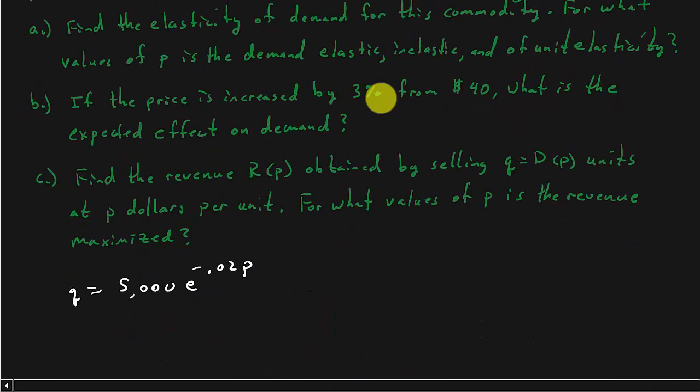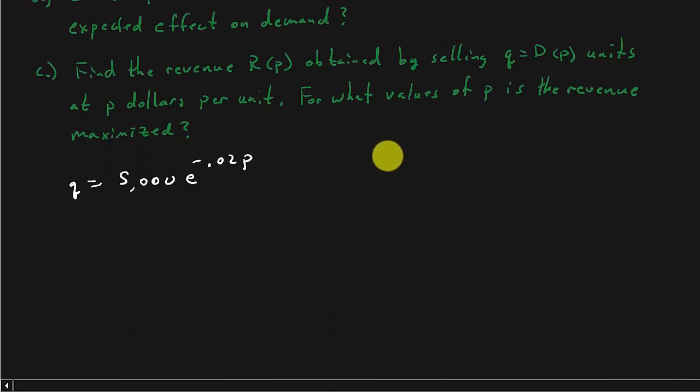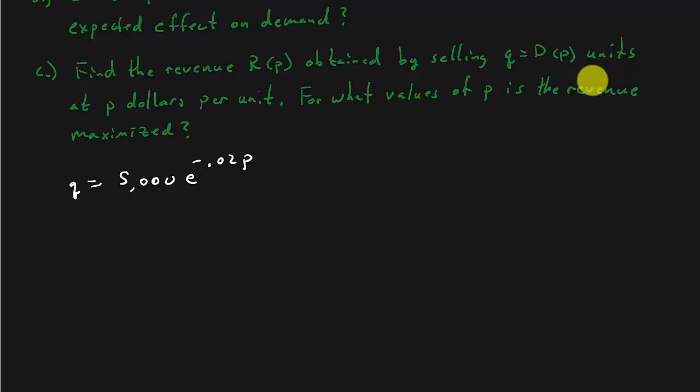All right, so find the revenue obtained by selling Q equals D of P units at P dollars per unit, and for what values of P is the revenue maximized.